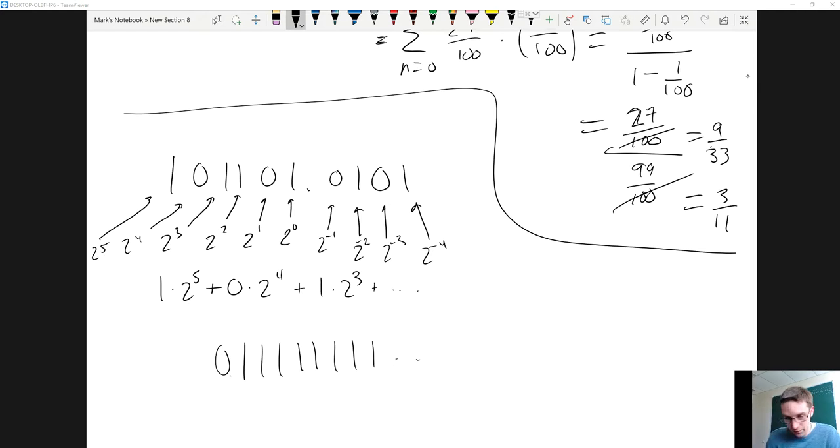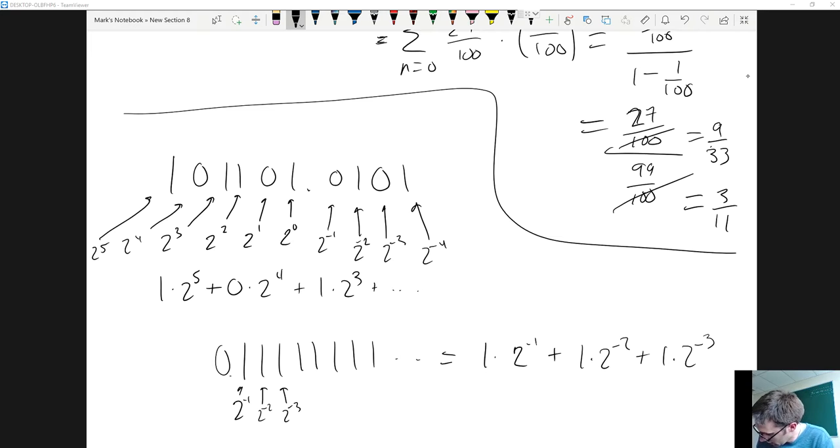0.11111111, repeating. If this is the 2 to the -1 place, and that's the 2 to the -2 place, and so on, then this just must be equal to 1 times 2 to the -1 plus 1 times 2 to the -2 plus 1 times 2 to the -3, and so on.